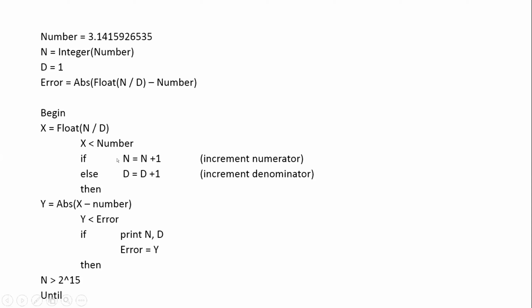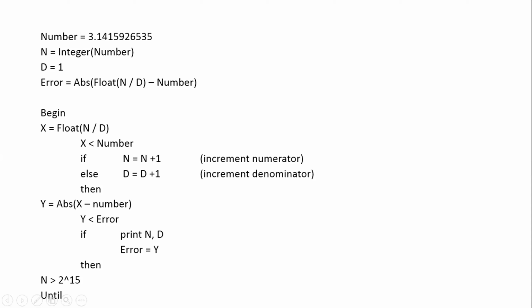If it's more than the number for pi, you add 1 to the denominator to decrease the value. If it isn't large enough, you add 1 to the numerator, and you just continue doing that, calculating the error, and you can do that for as many times as you want, and then just print N and D, and then you're basically done.